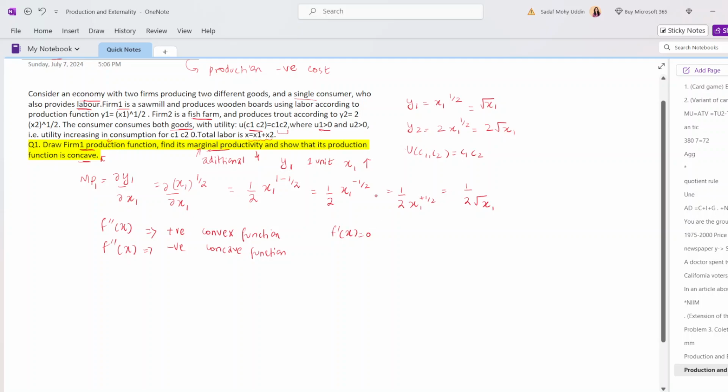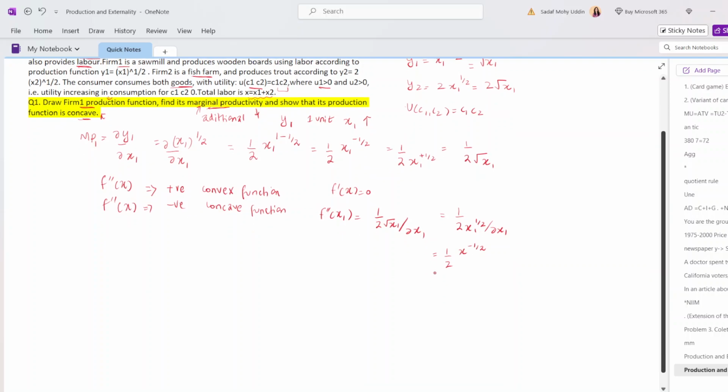Now all we need to do is take the second derivative of this function in order to see whether it turns out to be positive or not. It's again easier if I deal with this term and then take its derivative with respect to x1. In that case, I'm going to bring x1 in the numerator, change its power to minus 1 over 2, and now I can further solve it.